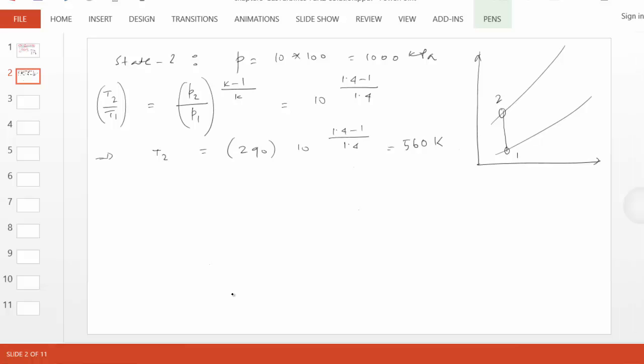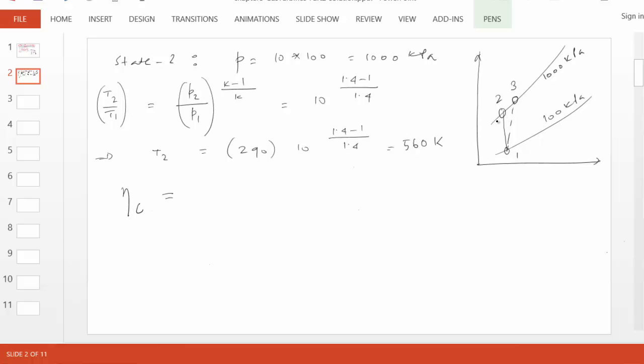Okay, how about T3 now? T3 is what? The actual compressor exit. It will be to the right of state 2. So this is the 100 kPa line, and this is your 1000 kPa line. So to find state 3, we have to use the compressor efficiency. What is the definition of the compressor efficiency?